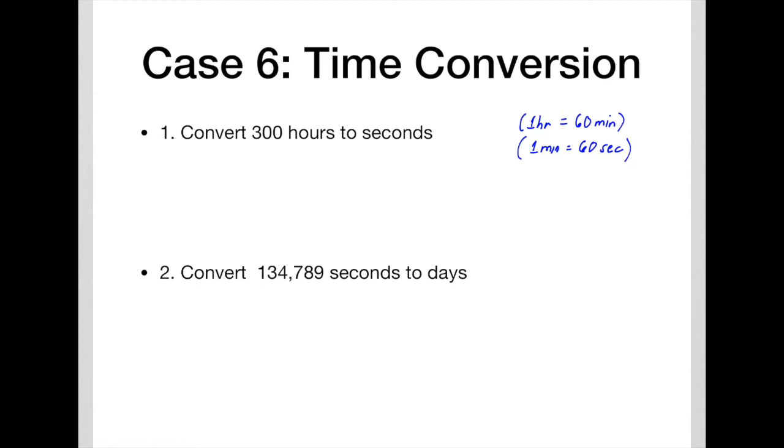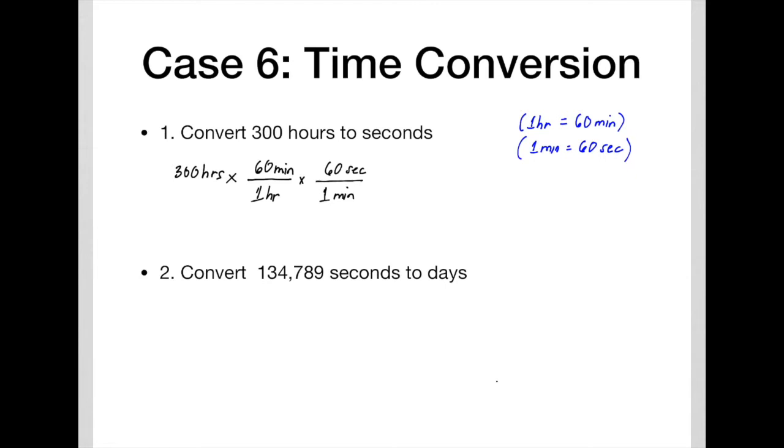So, we have 300 hours to seconds. Let me write 300 hours times, we all know that we have to put here 1 hour and then 60 minutes, and then for every 1 minute I could have here 60 seconds.